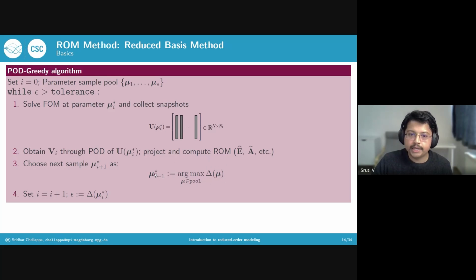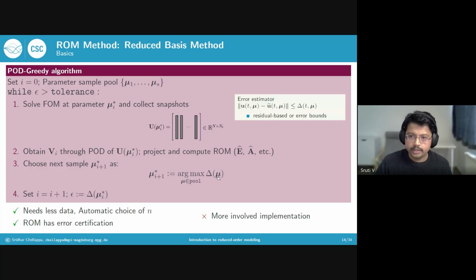And then you choose that as your next parameter where you solve your full order model. And the motivation of using the delta mu is the following. The delta mu is nothing but an error estimator. So it's a way to tell you how close your reduced order model approximation, U tilde, is to the true solution, but in a computationally efficient manner. So you use this error estimator, and then in this way, you iteratively pick samples.